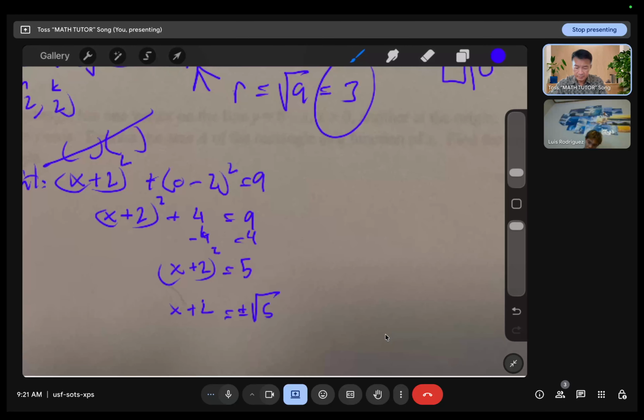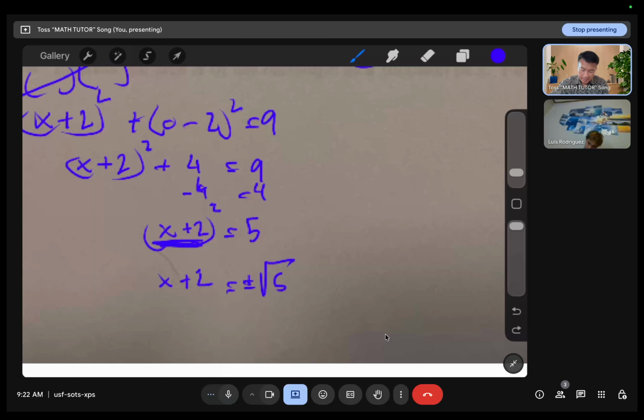Remember that? To get the base by itself, you square root the other side, plus or minus. Or you can think of square rooting both sides, but then you have to do a plus or minus on the other side. And then subtract both sides by 2, and you're left with negative 2. I recommend you put it in the front, plus or minus root 5.